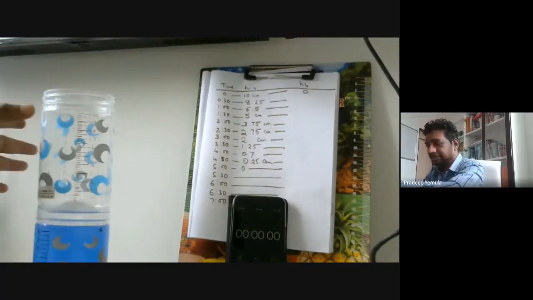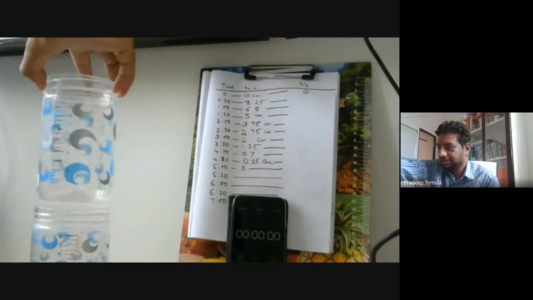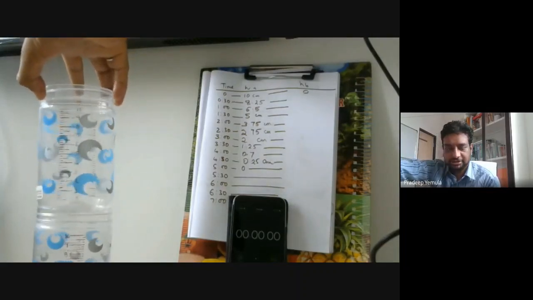Okay, so give me just a second. So again, I am pouring water into the A jar. First, this one is jar C. On top of it, I'll keep jar B, like this.